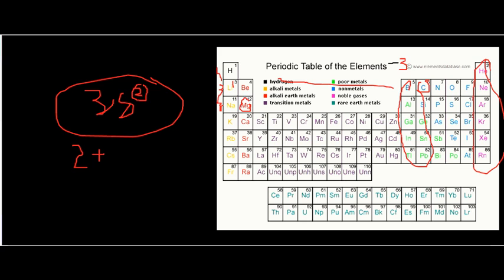1, 2, 3. No, this is just for this whole column, because they place these columns for a reason. The groups of the periodic table are in columns because each column has similar characteristics.